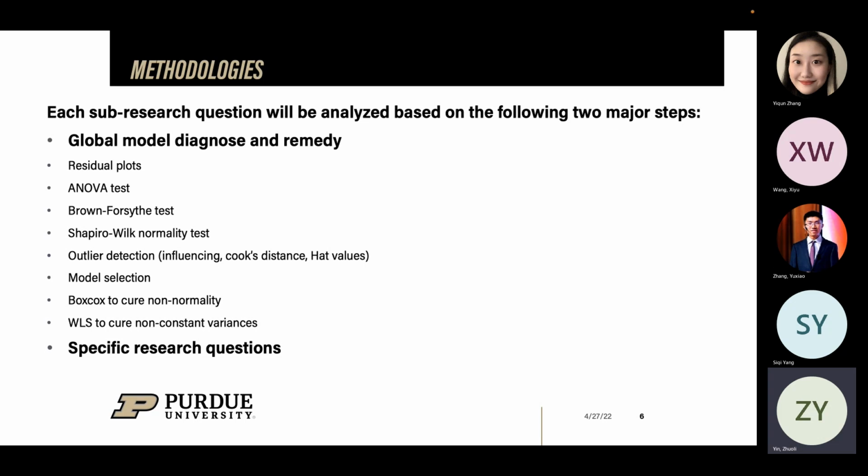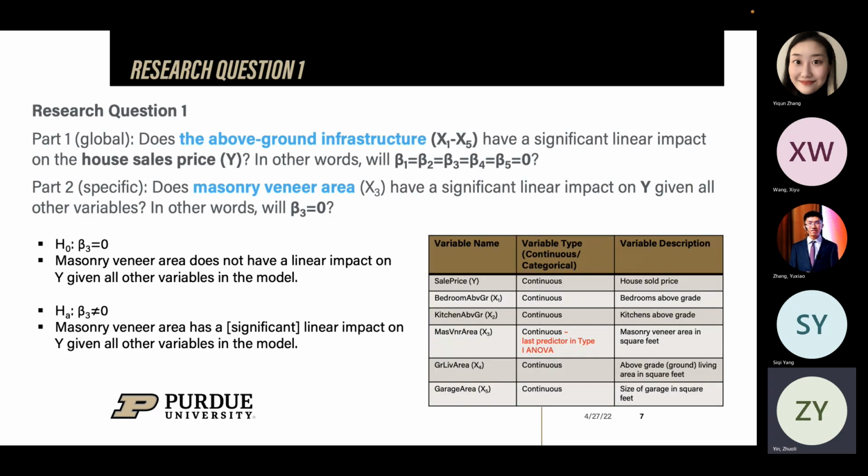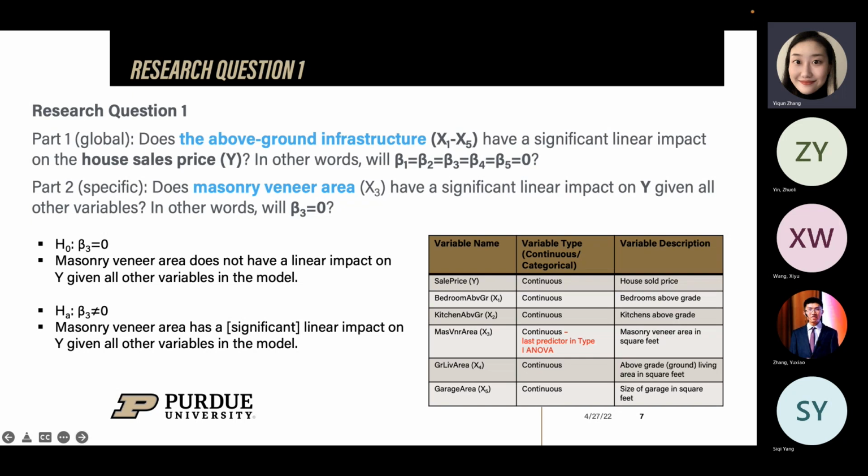Also, we have the model selection. Then, in order to cure the non-normality and the non-constant variance, we will use the Box-Cox and weighted least squares methods.